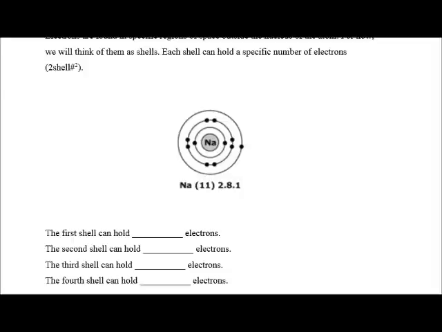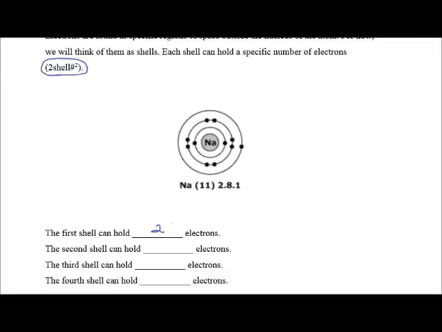The shells can hold a certain number of electrons. So the shell number squared times 2 is the maximum number of electrons. So the first shell, if we take 1 and we square it, that's 1 times 2.